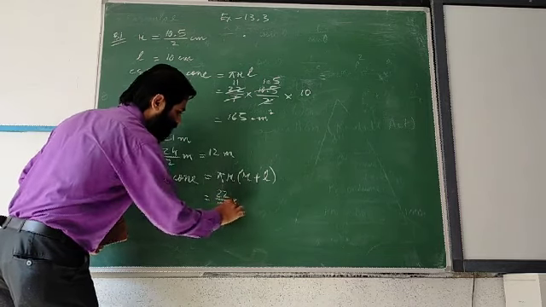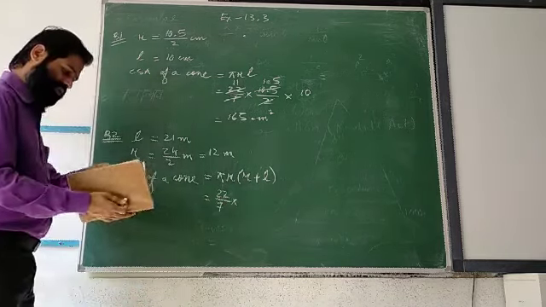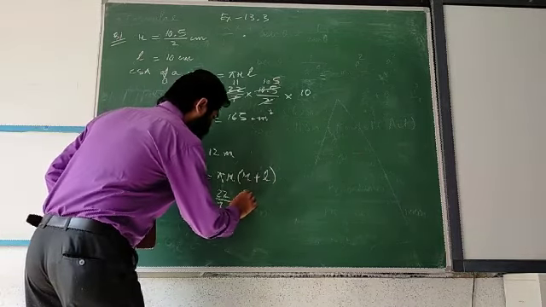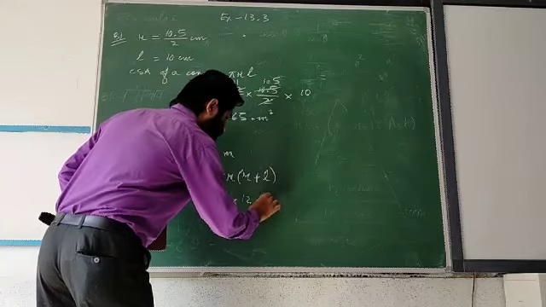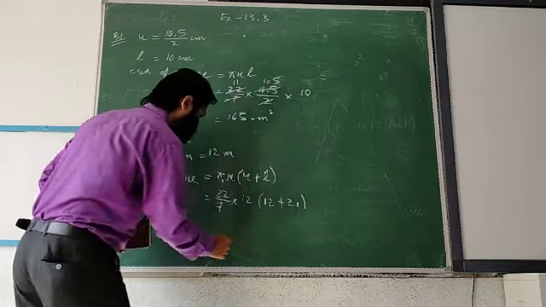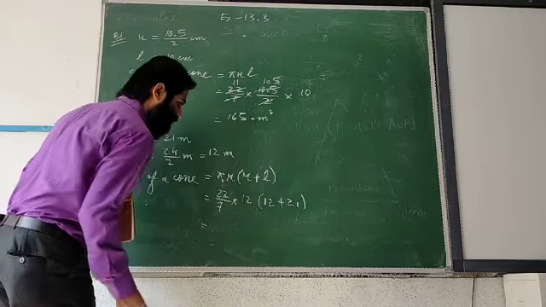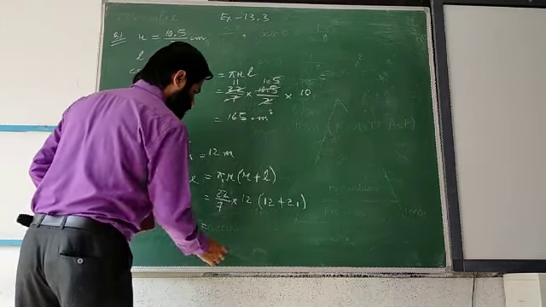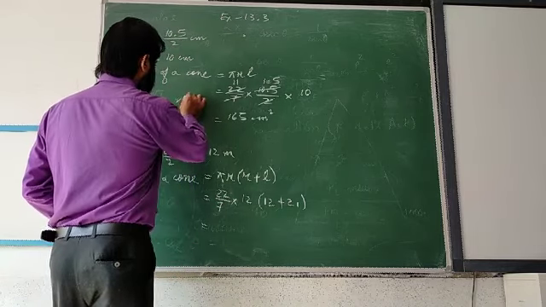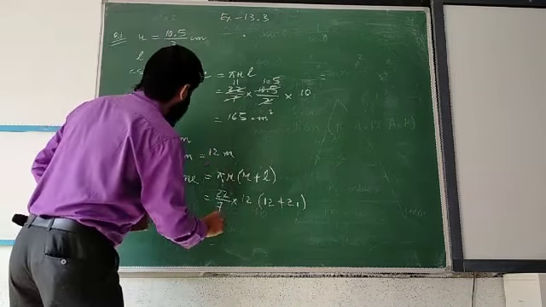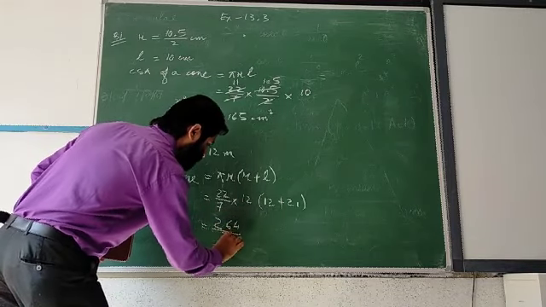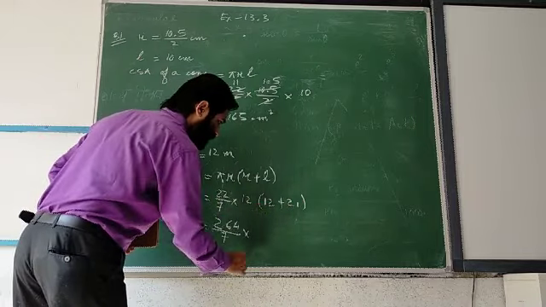In the question they did not tell you to take pi as something else. So r is 12, and this is 12 plus 21, which cannot be cancelled. So this can be written as 12 into 22, which is 264, 264 by 7 into 33.